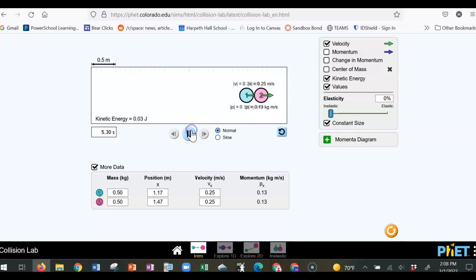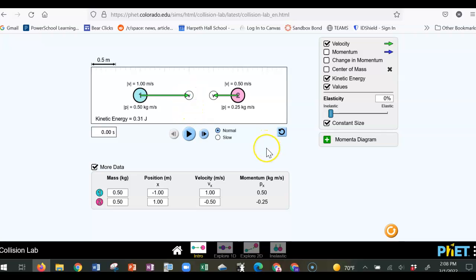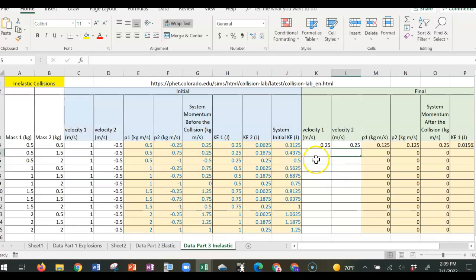I'm going to keep letting it run until they have gone out of the box. Then I can return the balls so that the only thing I'll have to do is start again with different masses. So you should fill in all of this table with your data.